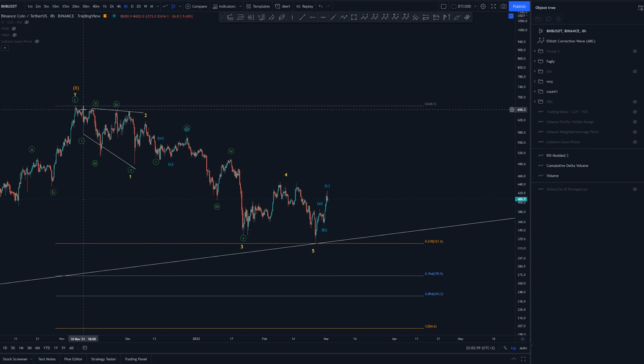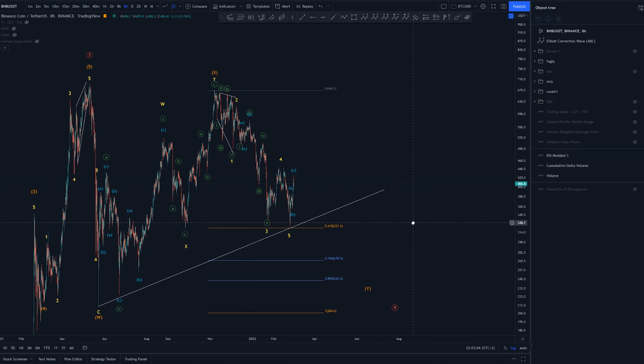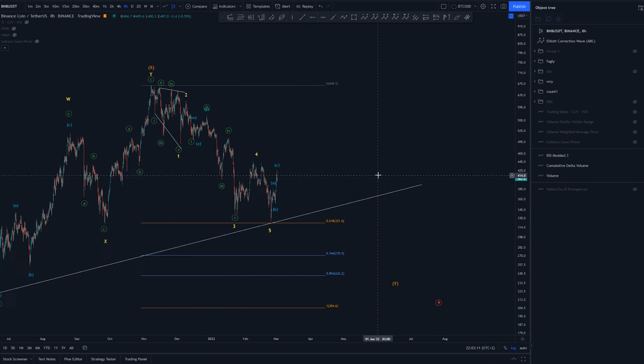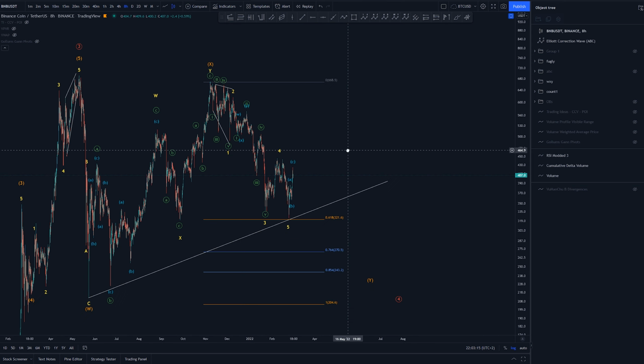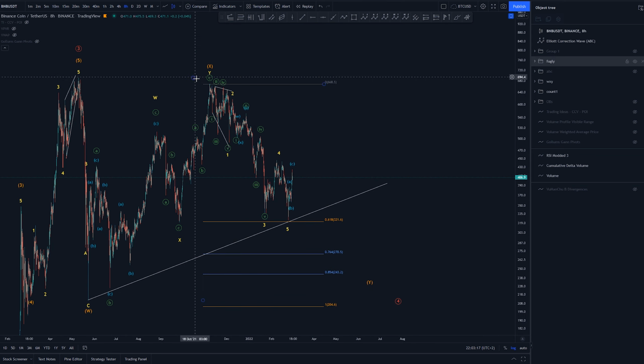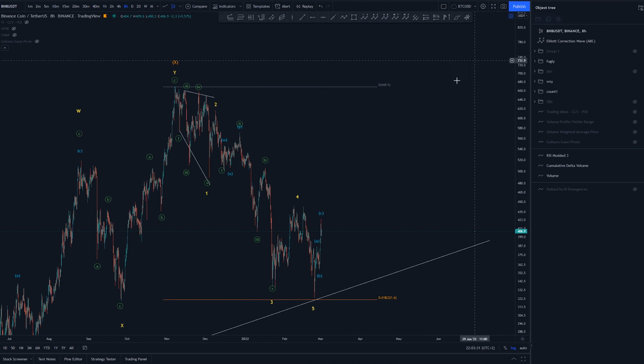So something that I wanted to make sure that if this is a wave end here, this is the only way I've found out how to do it. And either this whole move is done, it's so close to the 0.618 that it could be an A, B, C, and the 5 waves down here are the problem again.